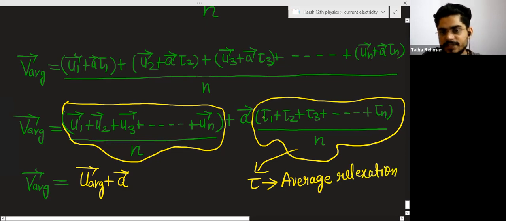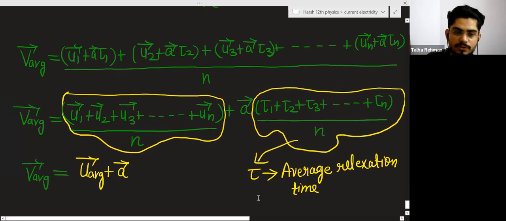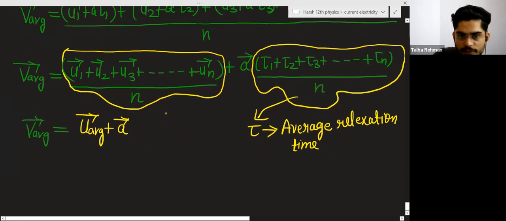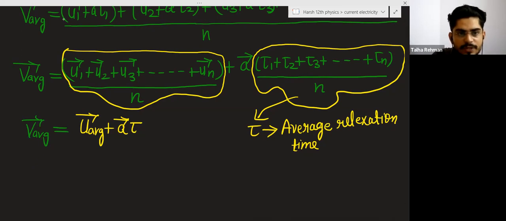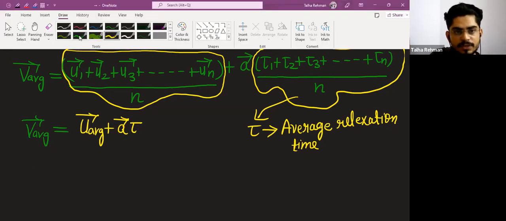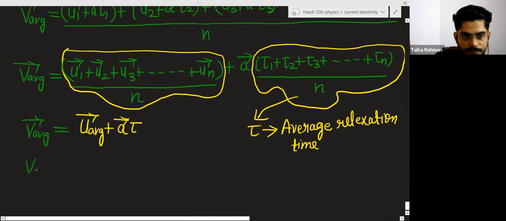This is the relaxation time for one electron, relaxation time for the second electron, and if you take the average, then this becomes the average relaxation time for all the electrons. So you write this as tau, and you know that u average is equal to 0. This term is 0.